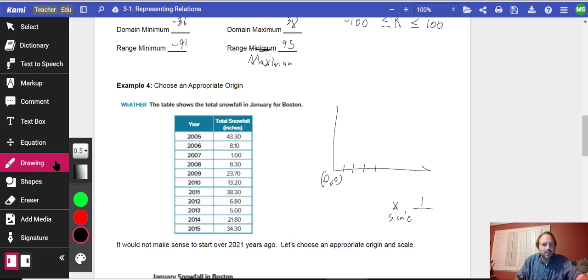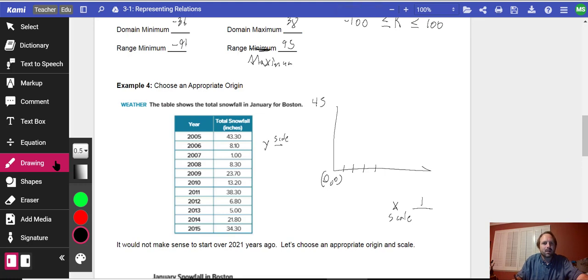And then looking at my snowfall, the highest number is about 43. Well, I'd probably want to do every 5 or so. So the scale for the y would be 5. I'd want to go up to 45.